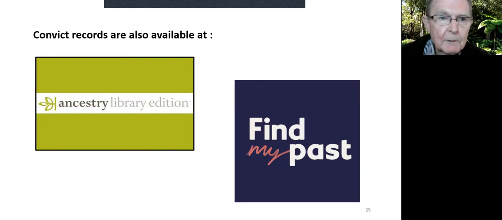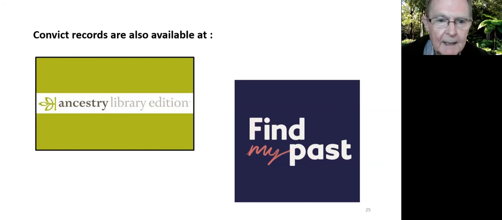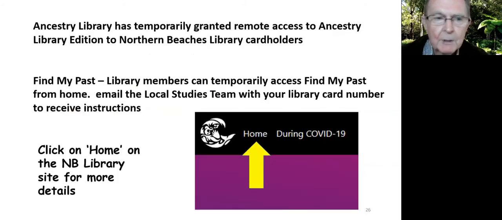So convict records are also available at Ancestry Library and Find My Past. Now, during the COVID emergency, Ancestry Library has temporarily granted remote access to Ancestry Library Edition at Northern Beaches Library for card holders.